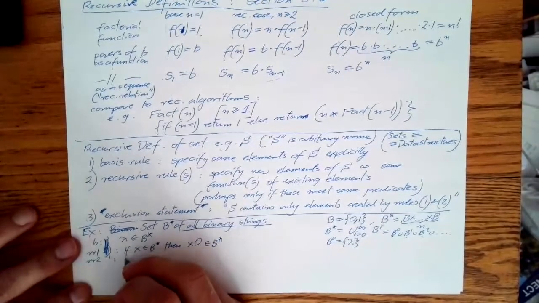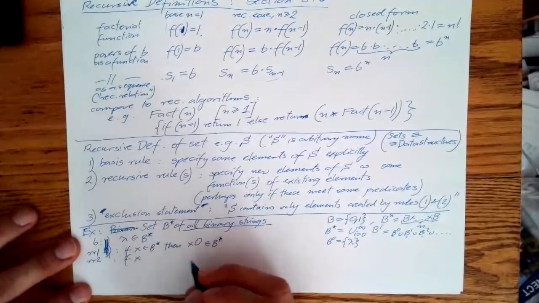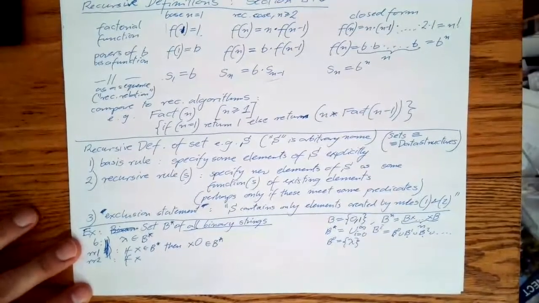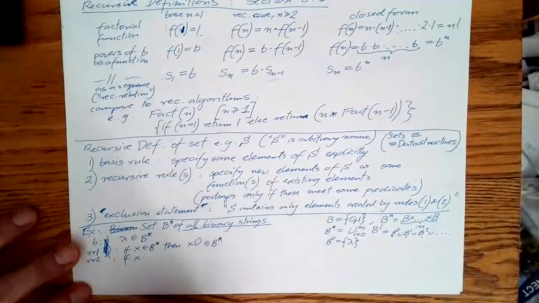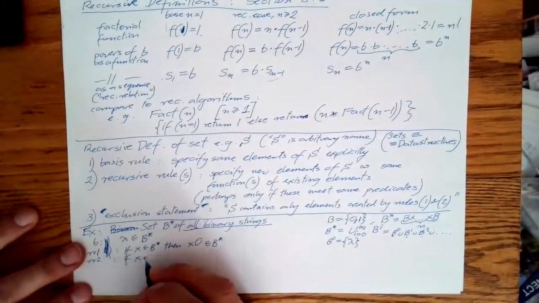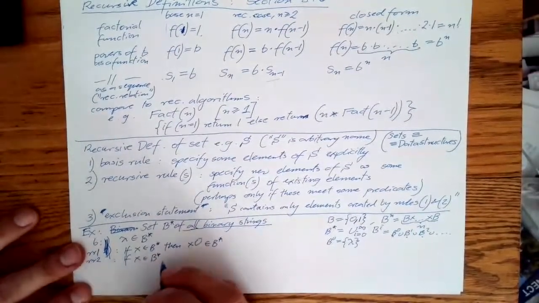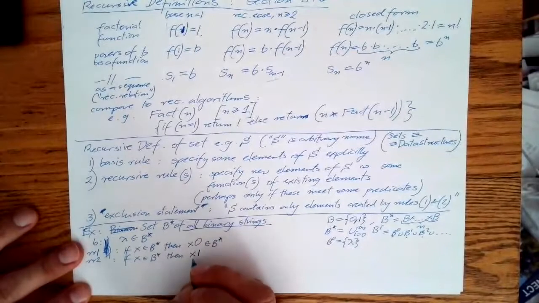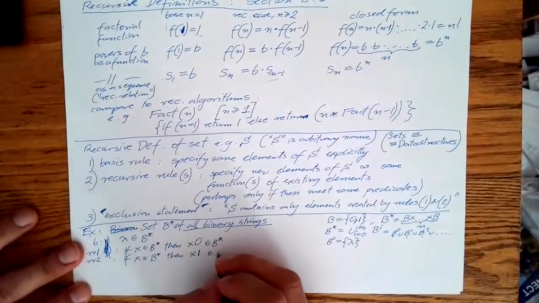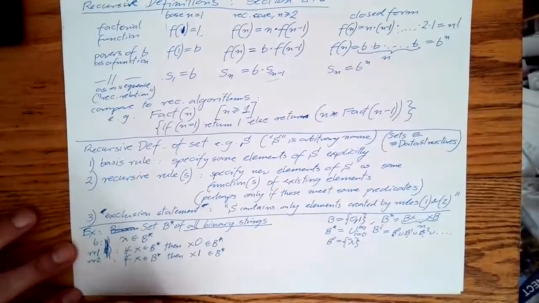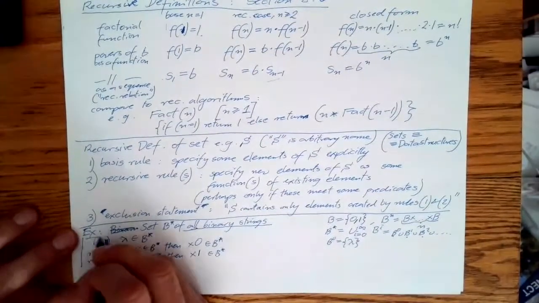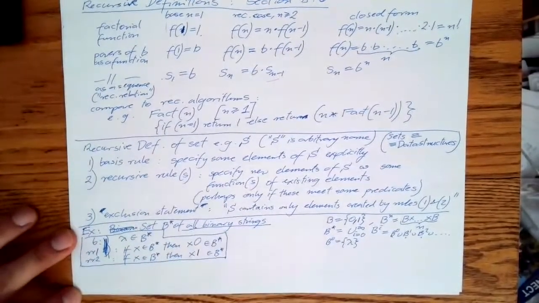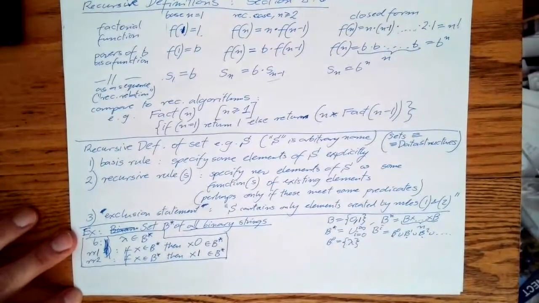We'll try to disambiguate and say this stands for string concatenation. The second recursive rule is that if X is in the set, then so is X concatenated with bit 1. Okay, and that's it. So this is a quite concise recursive definition of a string of bits.